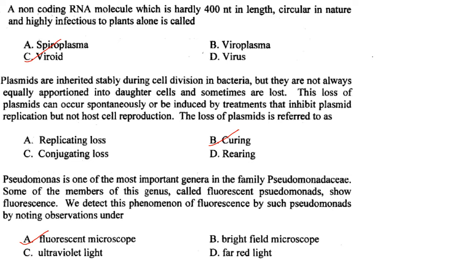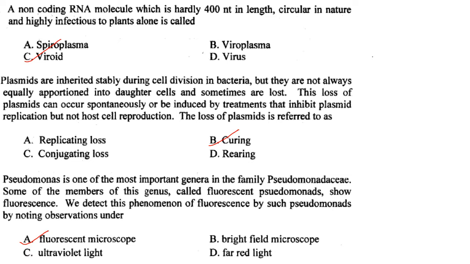So if we treat a particular bacterial cell with a specific chemical that will inhibit plasmid replication but not the host cell reproduction, then it can result in loss of plasmid in the next generation. So this loss of plasmid is referred to as curing of plasmids. Answer is option B.